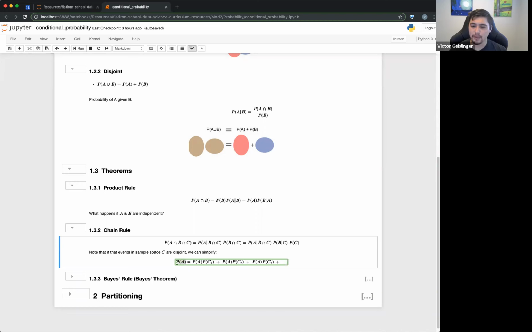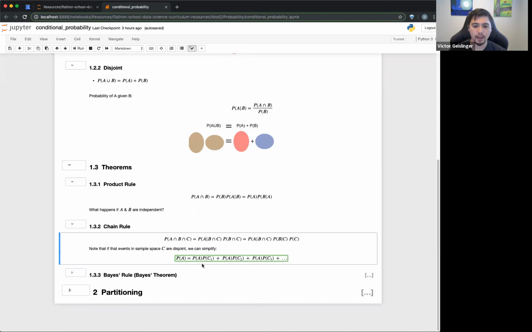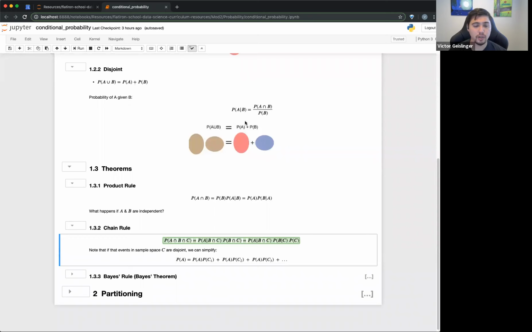I must have miswritten this. It should be the intersection of C1, C2, C3, C4, and going forward. You're simply adding up the probabilities together. Okay, cool. So anyway, that's the chain rule. The curriculum goes through it a lot longer than this, but I just wanted to show you at least what that is. Basically, you're breaking it down further and further using this rule and possibly the disjoint rule.